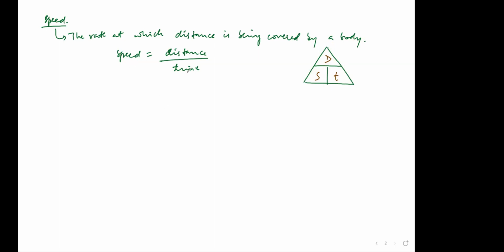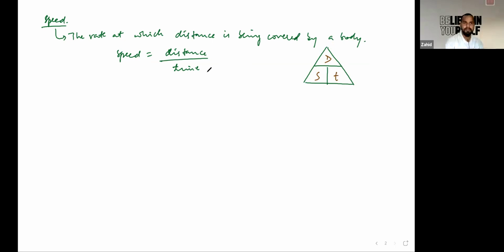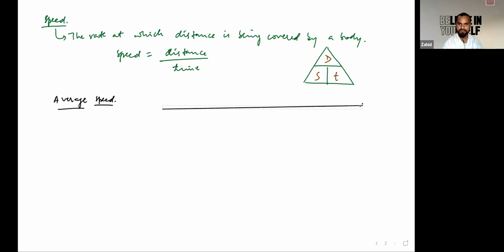So first, speed is nothing but distance traveled by time taken. Now the most important part of this topic is to define average speed. Let's say you have a journey from this point to this point, which has some intervals. Let's say A, B, C, D, and so on.